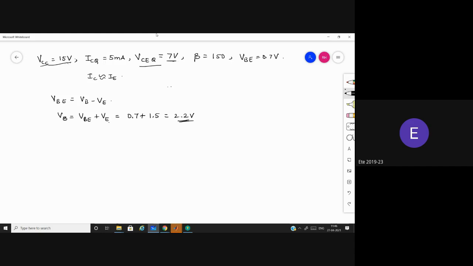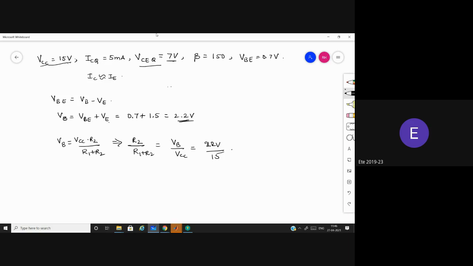Now applying the voltage divider rule, VB is equal to VCC into R2 by R1 plus R2. So R2 by R1 plus R2 is equal to VB by VCC, which is 2.2 volt divided by 15.